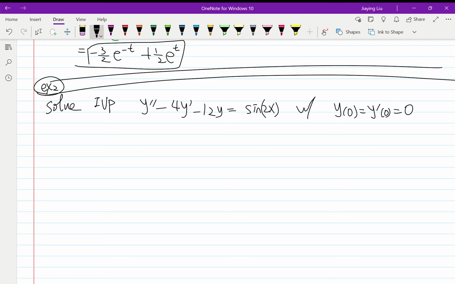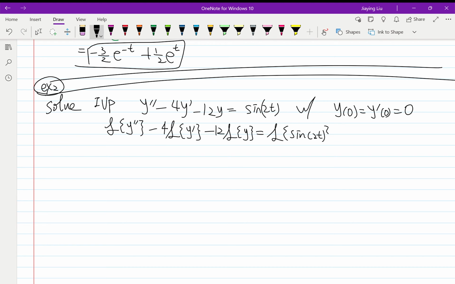So I have Laplace transform of y double prime minus 4 Laplace transform of y prime minus 12 Laplace of y equals Laplace of sine 2, sorry, I'm going to change it to t, sine 2t. If we use x, we're just going to stick with x all the way to the end. If we use t, we're going to use t all the way to the end. It doesn't really matter.